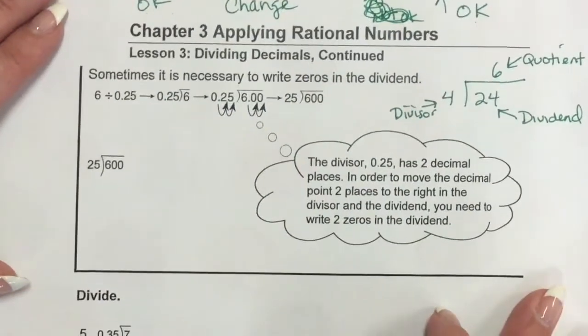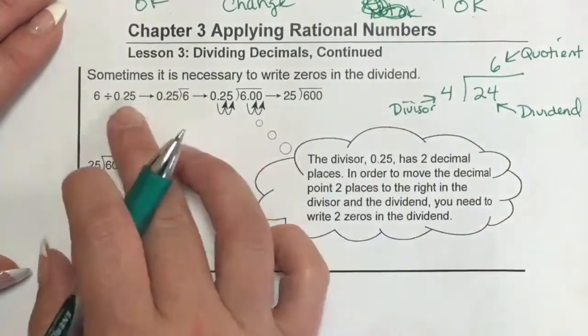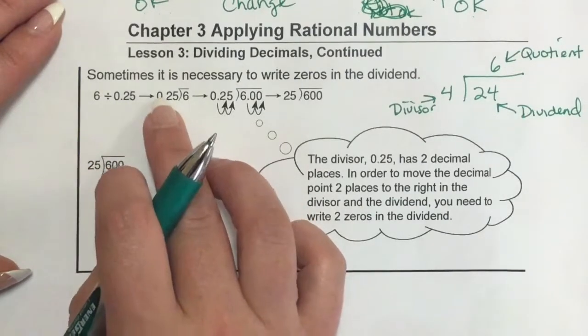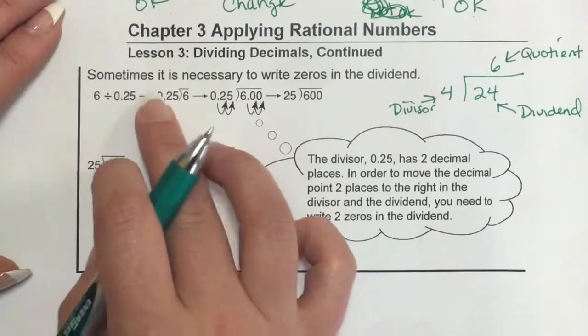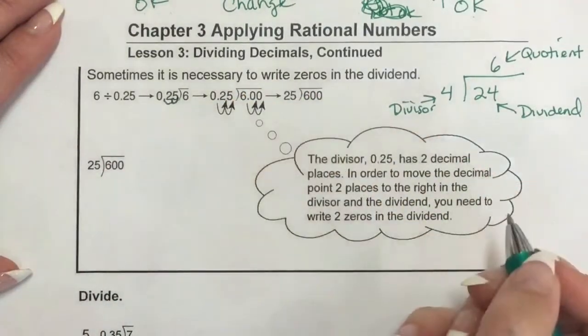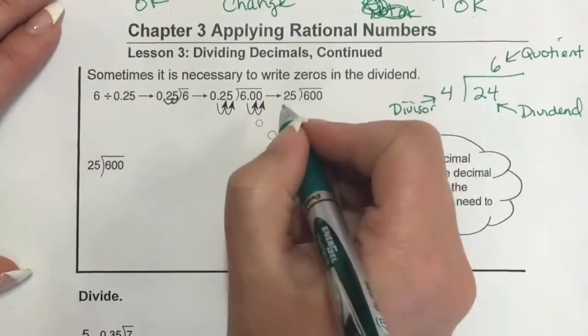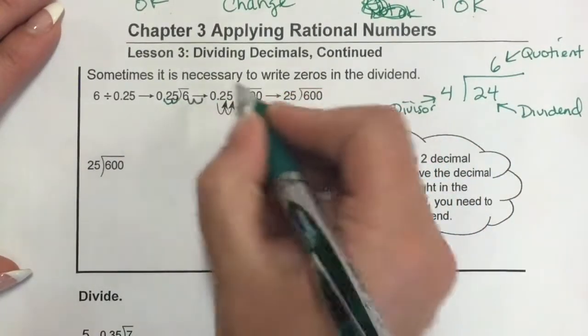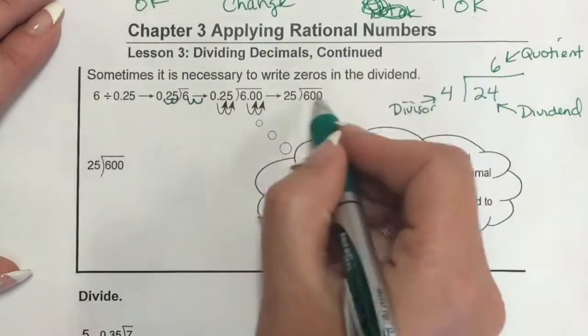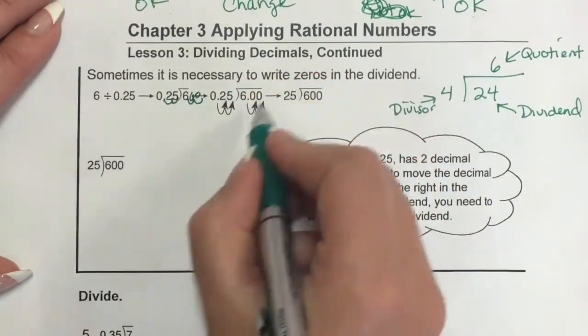So we're looking at this problem, and we have 6 divided by 0.25. So 0.25, we can never divide by a decimal when it's right here. So that means we're going to have to move it over 2 places like that, right? But what happens is when we move it over 2 places, there is nothing there. So when there's nothing there, what you can do is you can add in the zeros, which is what they did here.